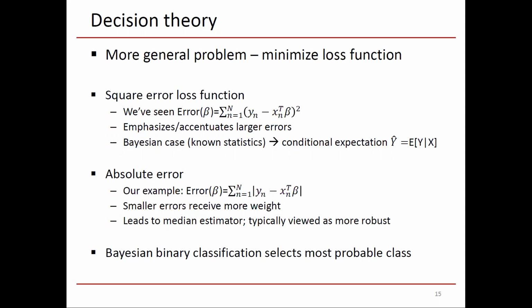Now, you'll note that this approach, squared error, emphasizes, accents the larger errors. So imagine, suppose that the typical error is 0.2, and one of the errors is 1.5. So 1.5 is roughly a factor of 7 more than 0.2, and with squared error, that one location with a significant error is going to count 50 times worse, okay?